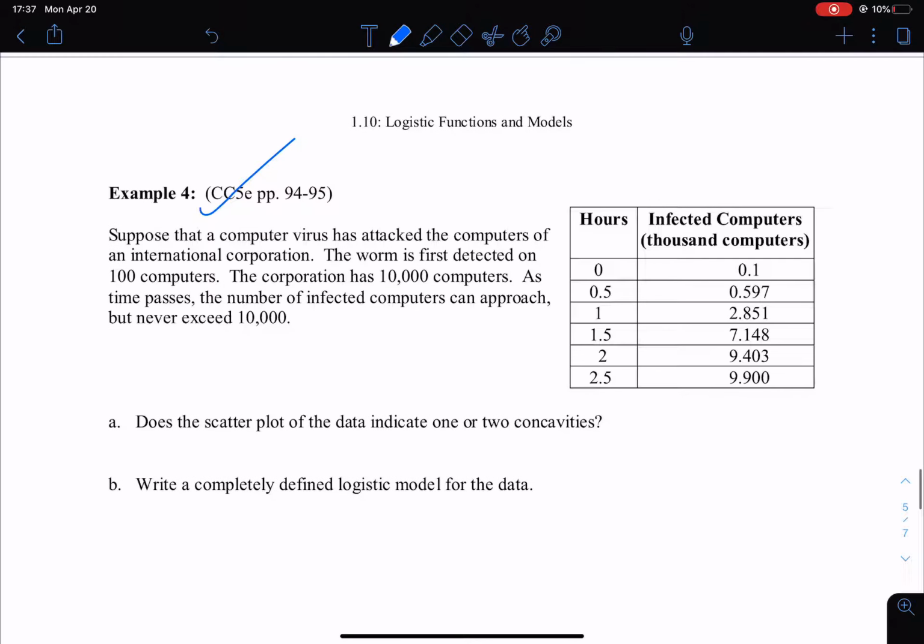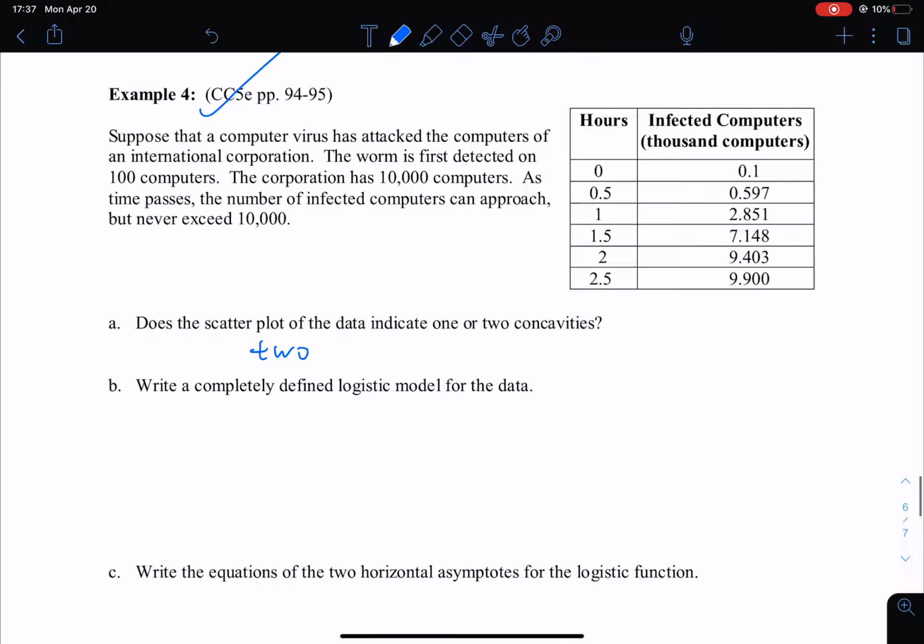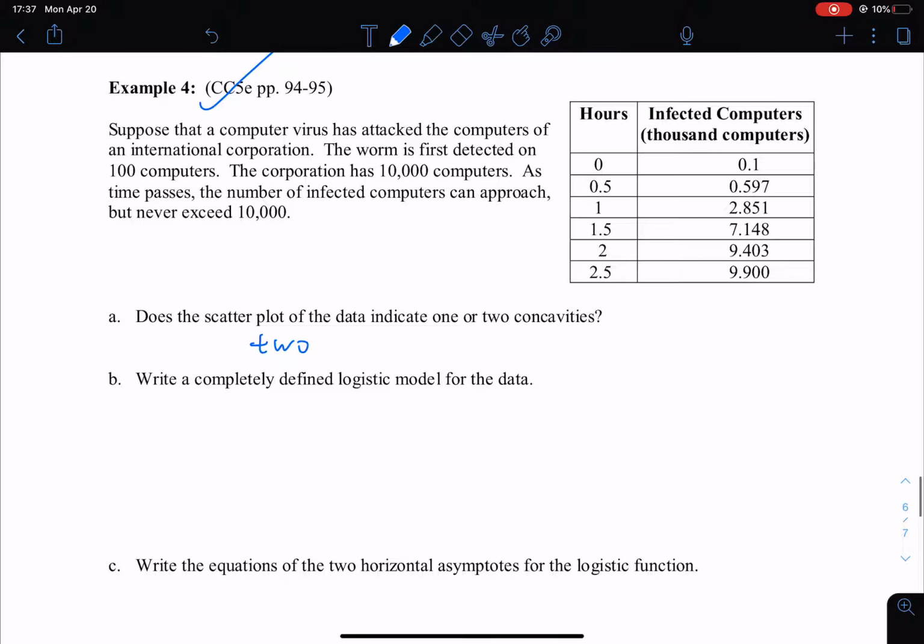After you draw the scatter plot, you can see that we have two concavities, so we have to use a logistic model. The model is v of x equals 10,000 divided by 1 plus 99.015 e to the minus 3.676x, and the unit is 1,000 computers.